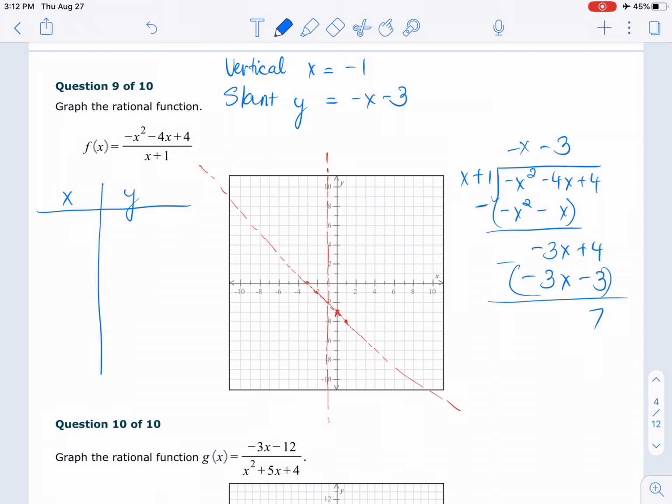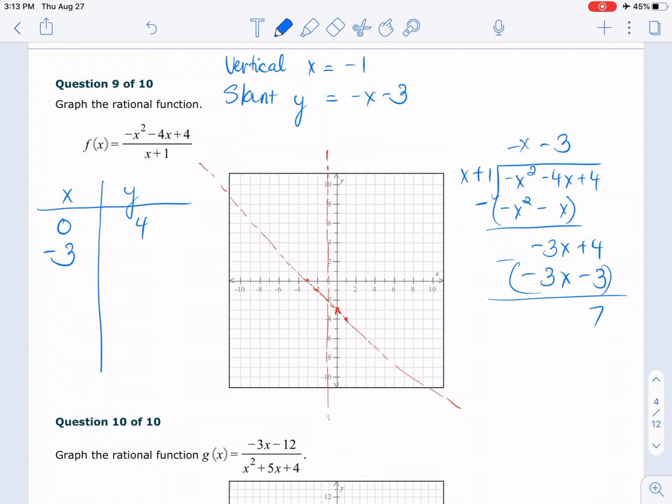So if I pick x to be 0, I can see that y equals 4. Let's say when x equals, how about, we cannot pick x equals 1. So I can try x equals negative 3, because we do want to try somewhere right here and somewhere right here. So I'm going to pick negative 3.